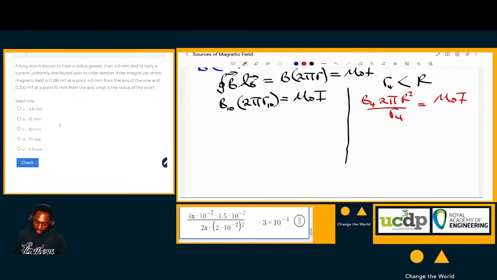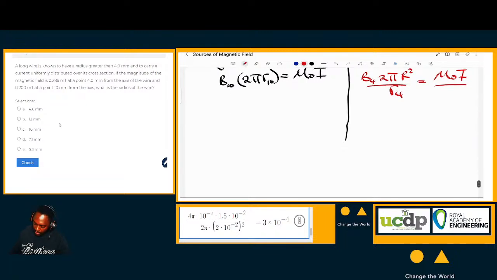Then from there you can equate the two equations together. So I've just rearranged what we had earlier on. Okay, so equating the two, since it's all equal to mu naught I, that will be your B10 2 pi r10 equal to your B4 2 pi r squared over r4.